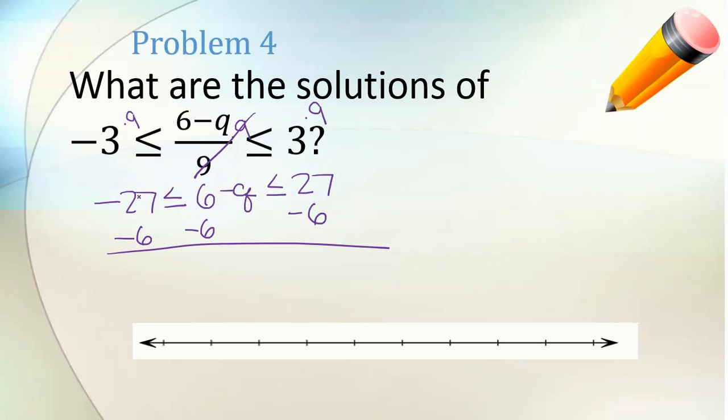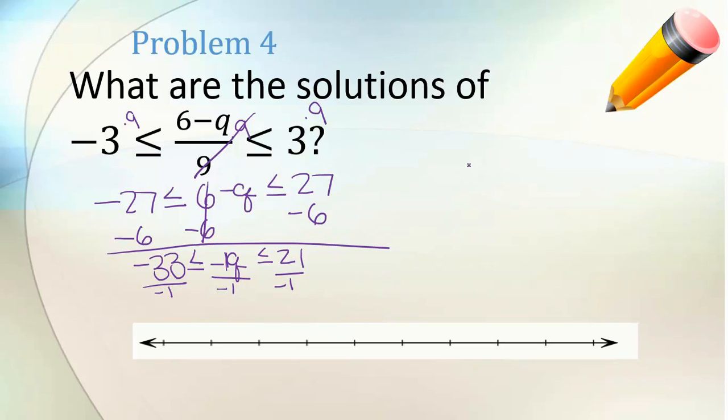We will get a negative 33 over here, less than or equal to, whoop, there's a negative with that q. And 21, 27 minus 6 is 21. Now I have that negative. Technically, that's a negative 1, so we need to divide everybody by negative 1.